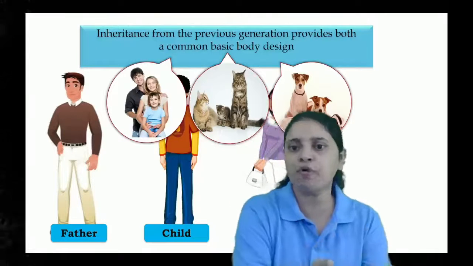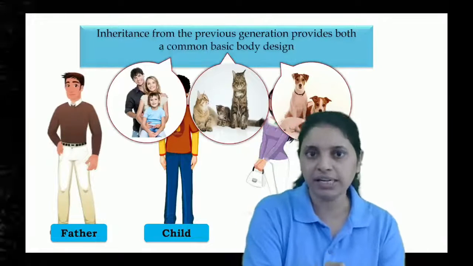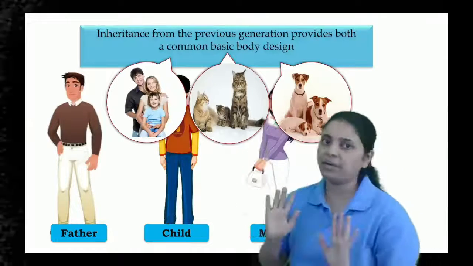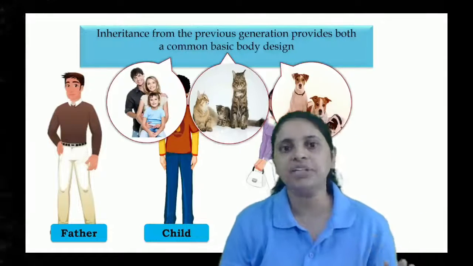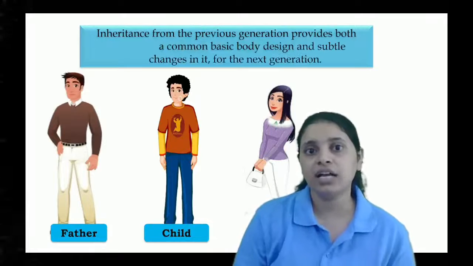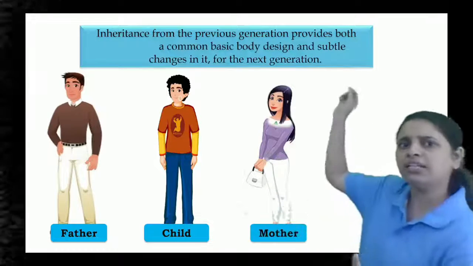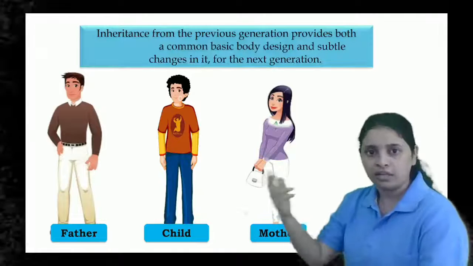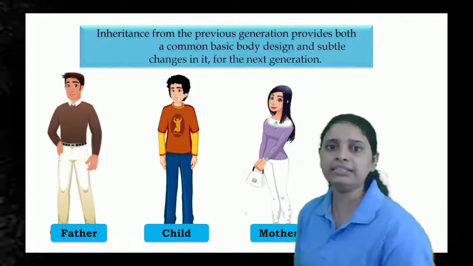So parents will definitely provide the information in the form of DNA. Right? DNA is provided through the gametes. This DNA will have information regarding the basic body design, and some small, some subtle differences, some changes also are observed and which are passed on to the next generation.